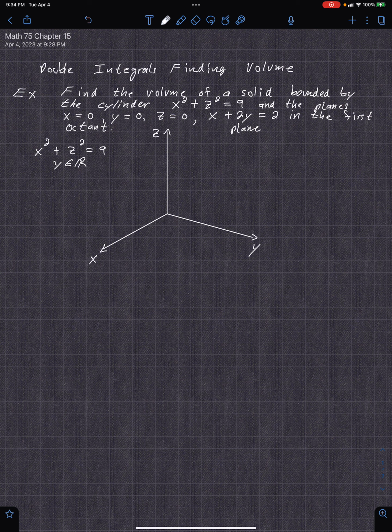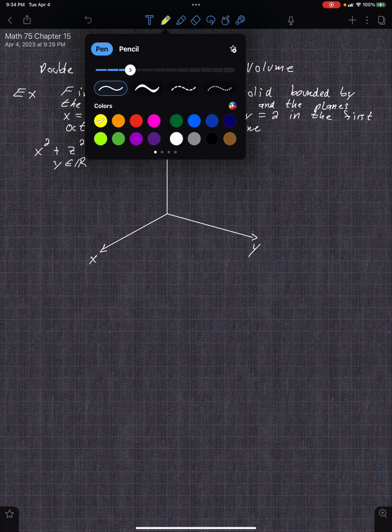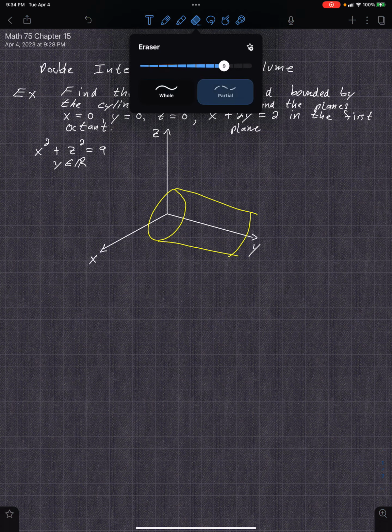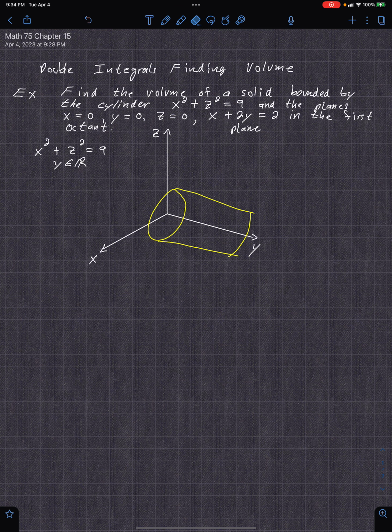And so what that looks like is it's like out along that axis, so it's like this, and then it's coming out along the y-axis like that. And again, just a rough sketch is all you really need. Nothing fancy. Okay, so that's what's happening.